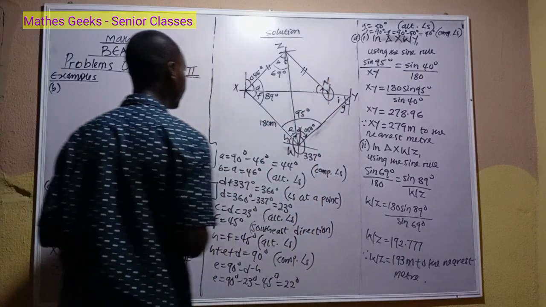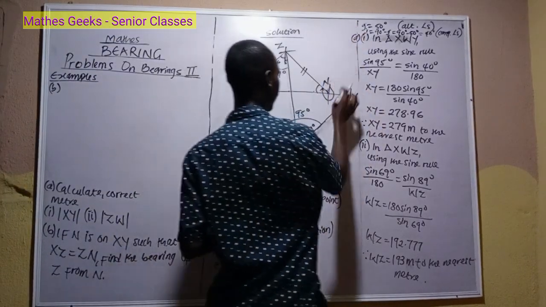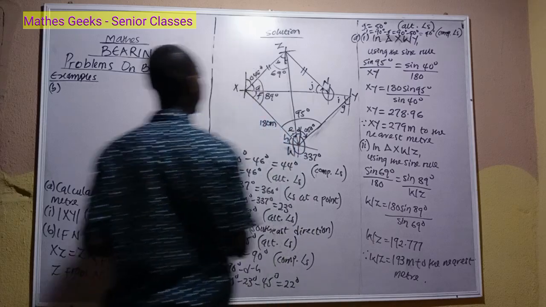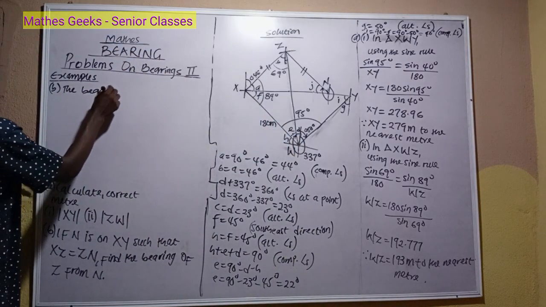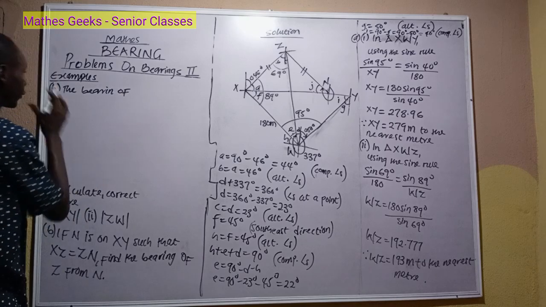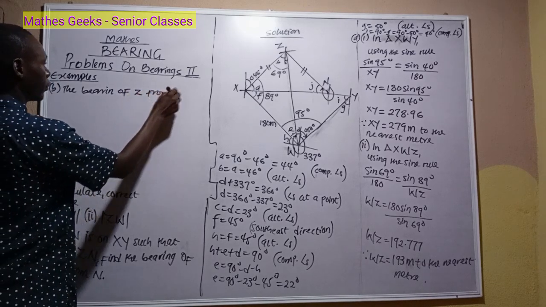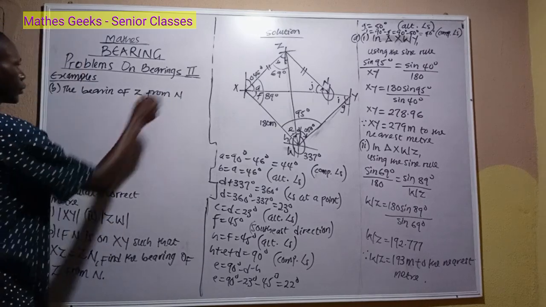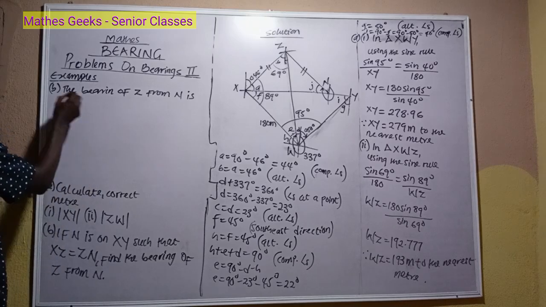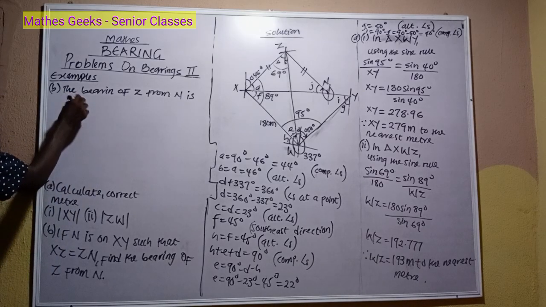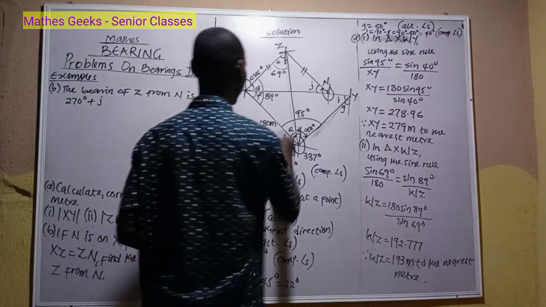So let's call this J. So the bearing of z from n, I, is equal to 270 degrees plus J. What is J?